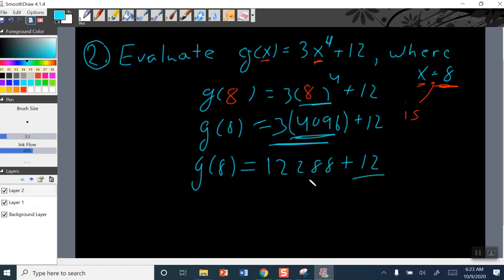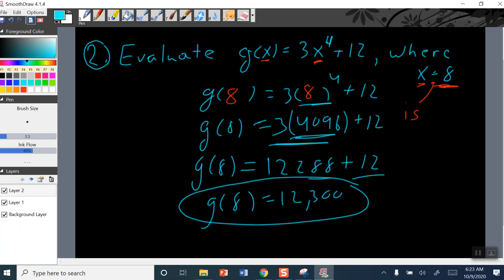Oh, wait a second. I know that 12 plus 88 actually gives me 100. So this will actually be 12,300 is my answer. Alright guys, larger numbers require a little bit more time and attention. Let's move on to our next example.